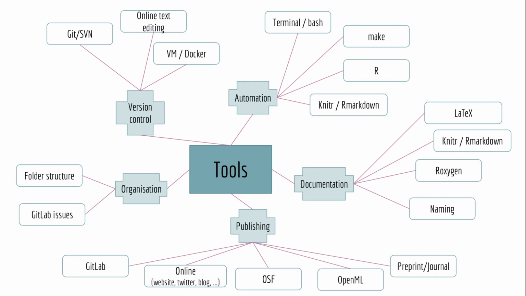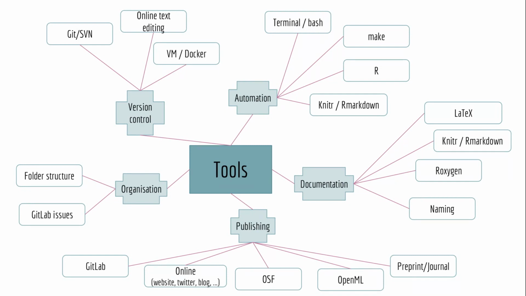And then I see also knitr and R Markdown in this automation category because it just helps me automate writing documents. And I think it's much better than, for example, using Word.